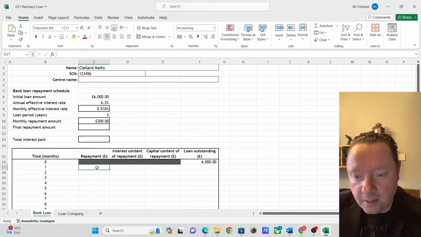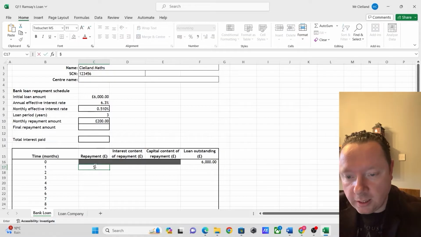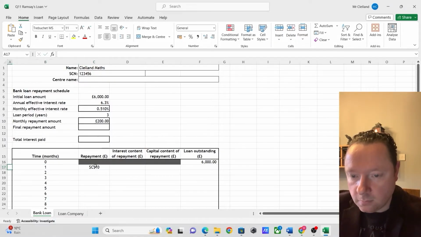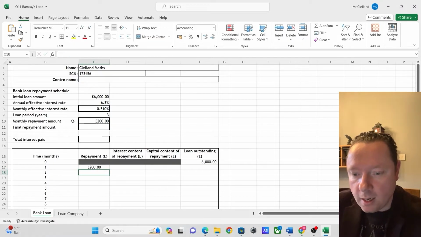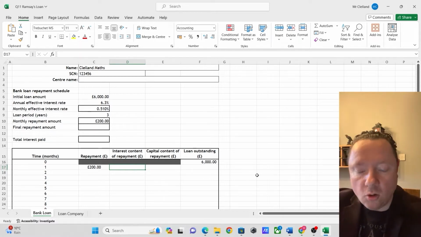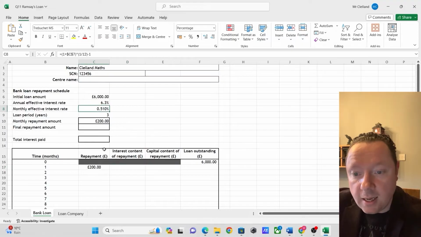Okay, so the repayment is equal to $C$10. Interest content of repayment. So the interest content is equal to, we'll obviously have to do the monthly interest times the loan outstanding.